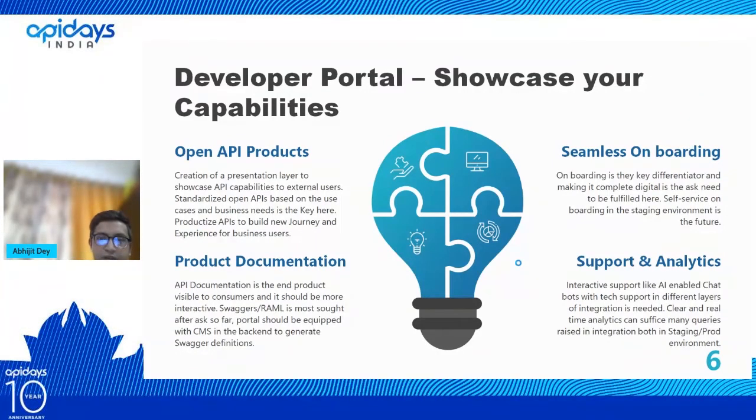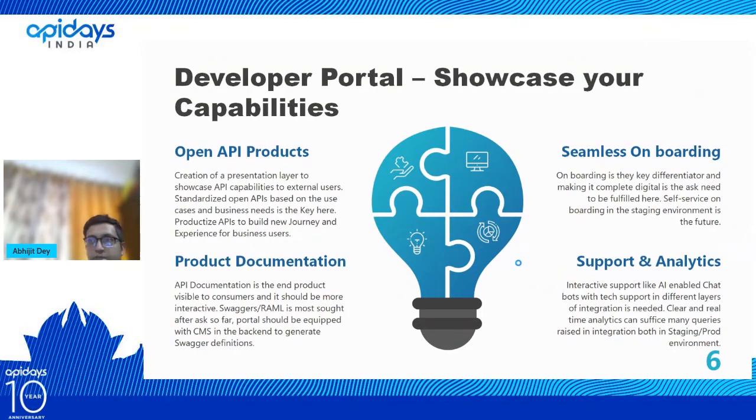And those open API products are depicted via the documentation, right? Documentation doesn't mean FSDs only. It should be interactive documentation like Swagger or RAML files, through which we can visualize the journey and the workflow, right? Also, seamless onboarding is very much required.